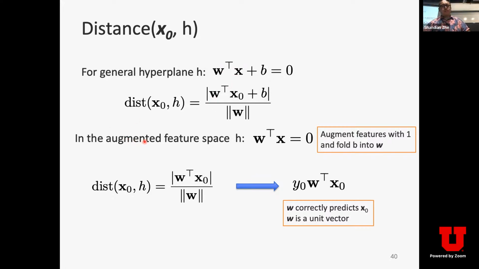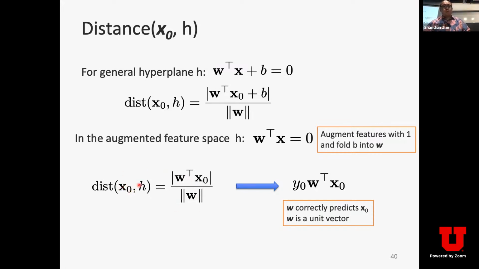Then if we consider the augmented feature space, meaning we have introduced a constant feature 1 into x, so that w contains a bias term, our equation will be like this. For any x0, the distance between x0 and h will be like this. Remember, x0 here contains a constant 1 as well.